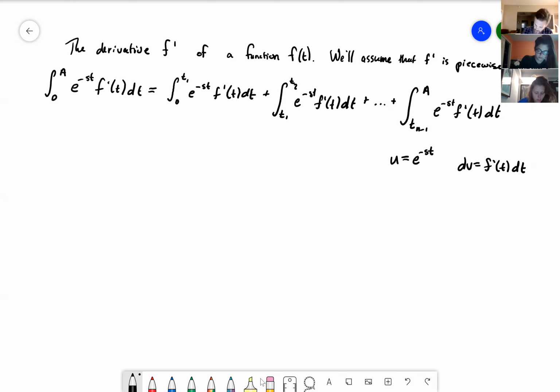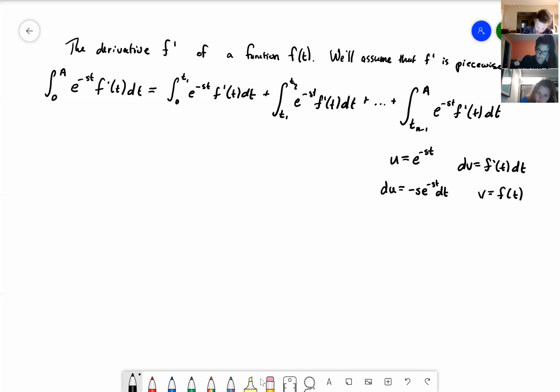For each of the integrands the setup is the same; it's just the limits of integration that change. So du will be minus s e to the minus st dt, and v, of course, will be f of t.